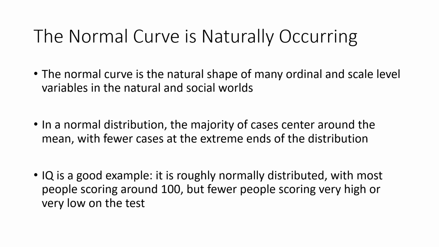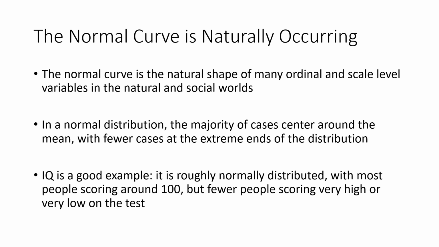It tends to emerge organically whenever we try to measure something that is hierarchical. Not exclusively, of course, there are exceptions of naturally non-normal distributions, but in many types of ordinal and scale level variables, the steady state, so to speak, is a bell curve.